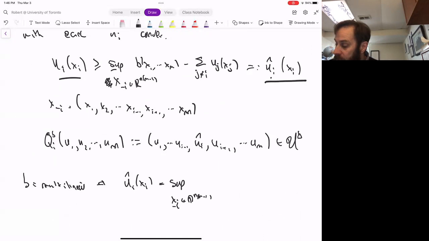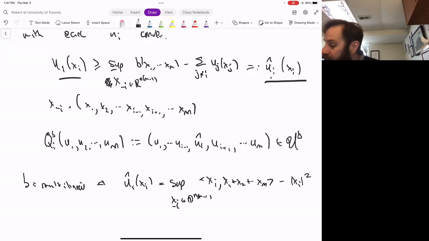And then there's a term of the form xi inner product x1 plus x2, let's say all the way up to xm. I probably didn't need to include the xi one, so maybe I should subtract it off, minus xi squared.